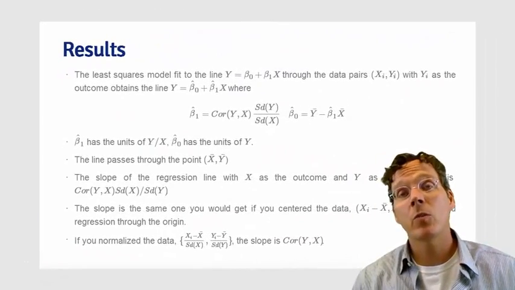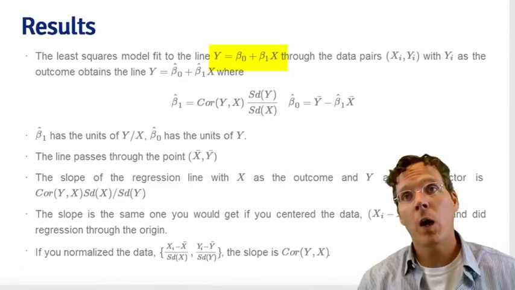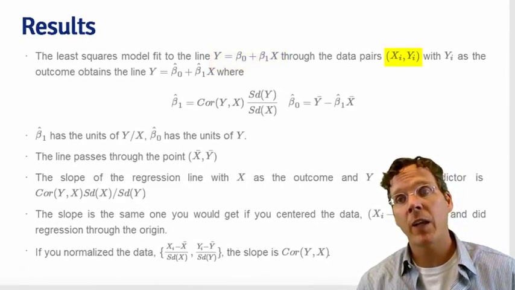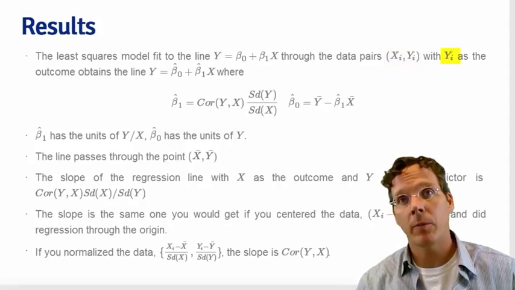So let's discuss what the answer is when you perform this model fit. Just to reiterate, we want the line y equal to beta naught plus beta 1 x, and we're going to fit it through a scatter plot of points xi, yi, where yi is the outcome. We put little hats over beta naught and beta 1 to indicate the estimated values.